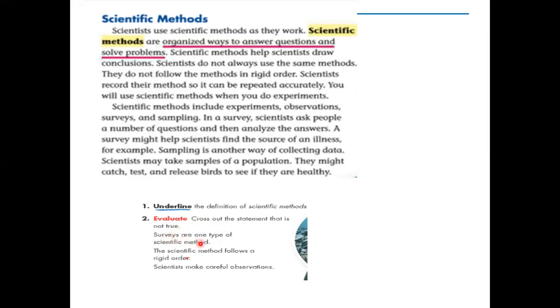Surveys are one type of scientific method. Is it true or no? Yes, it's true. Now, the scientific method follows a rigid order. It's wrong. Excellent.